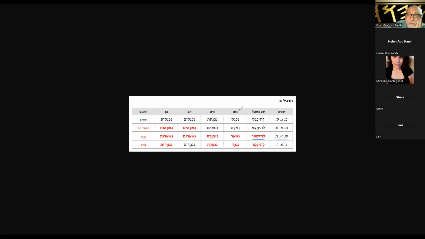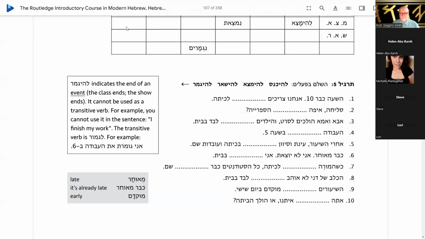And so we're looking for the masculine singular. So here's the column we're looking at here. And we go down to the one that means stay, and there it is, nishar. So that's probably what we're going to have in that blank. Okay, so let's put nishar in there.